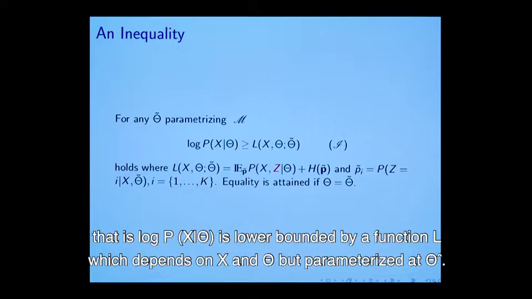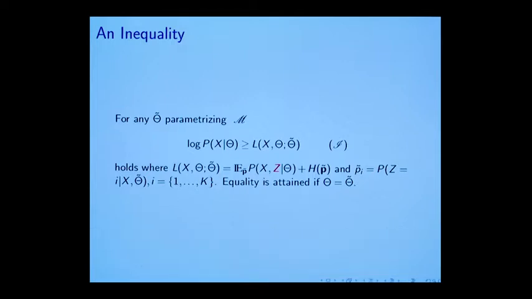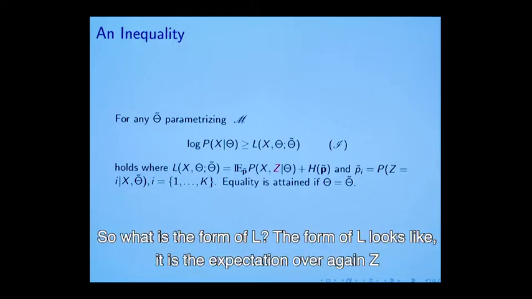So, that is log of P of x given theta is lower bounded by a function L which depends on x and theta, but is parameterized at theta hat. So, you see this is a very interesting relationship. It establishes a relationship between theta hat and arbitrary theta, right. So, what is the form of L?